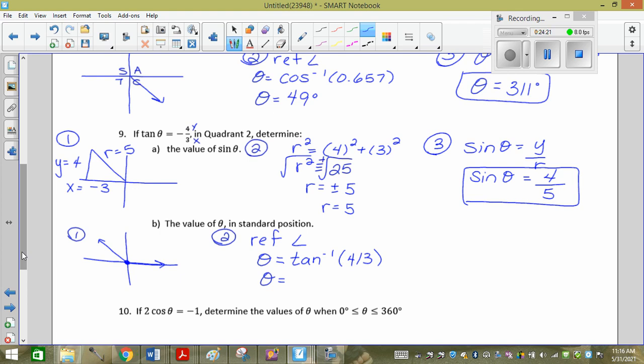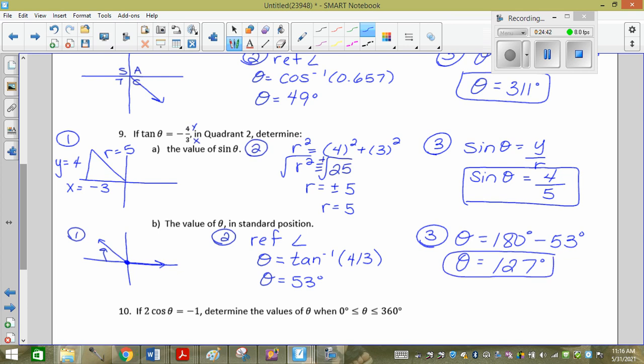Yeah, 53. So that's this angle. When we're in quadrant 2, we always do 180 minus our reference angle. Look at 127.